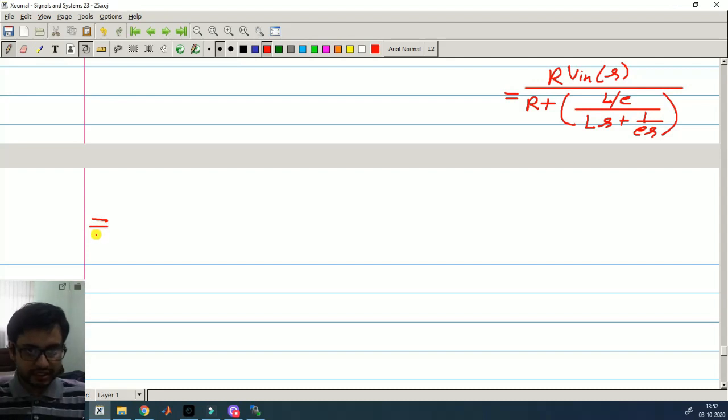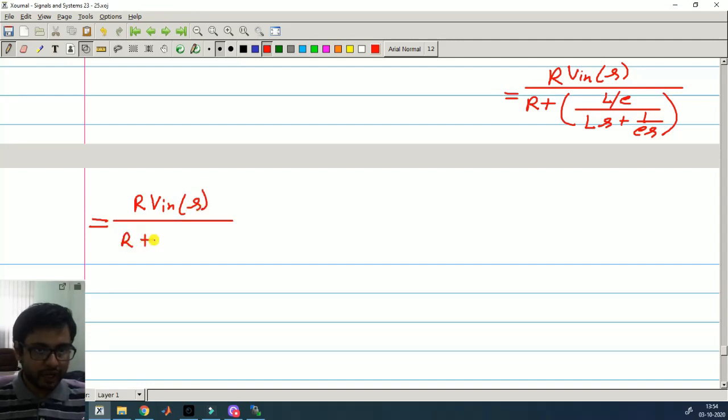So this is R V in(s) divided by R plus, let me write this as LCs square plus 1, and this will be Ls.